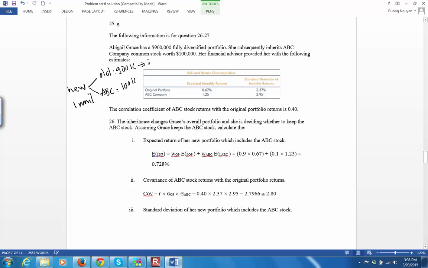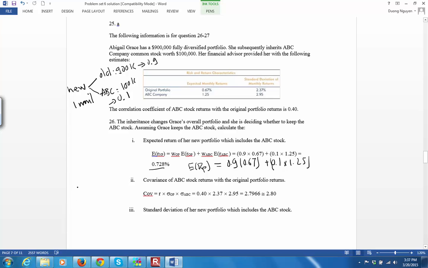So this gives you 90% and 10%. The expected return of the new portfolio equals 0.9 times the return of the original, which is 0.67, plus 10% times the return of ABC, which is 125, and this equals 0.728%.